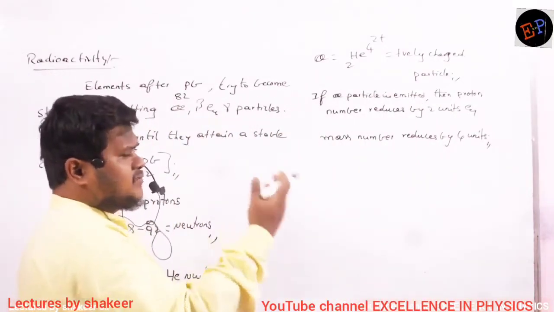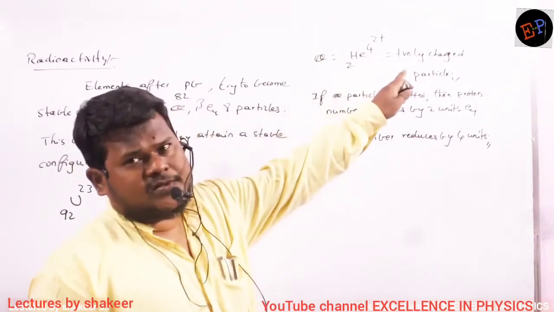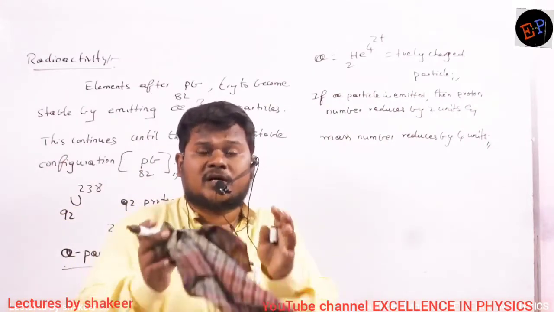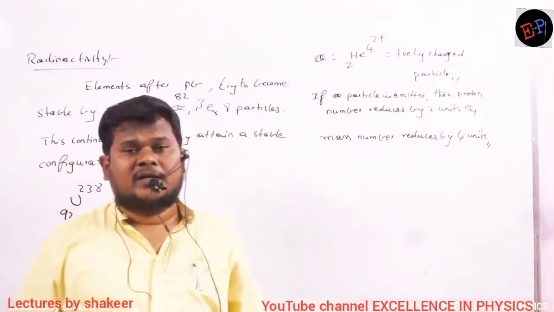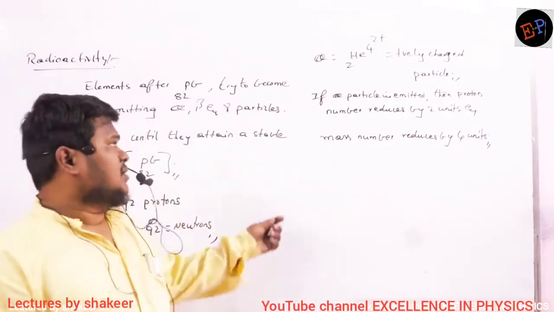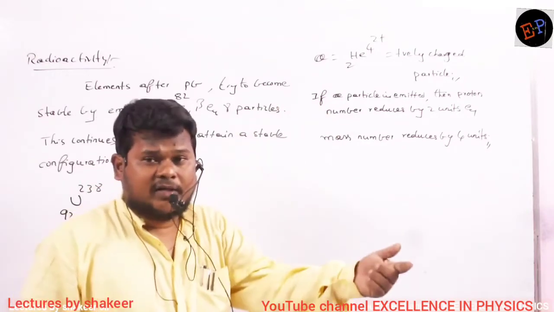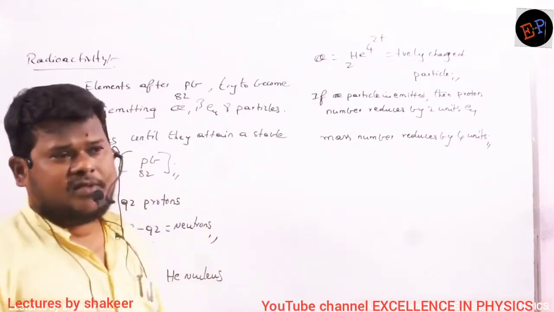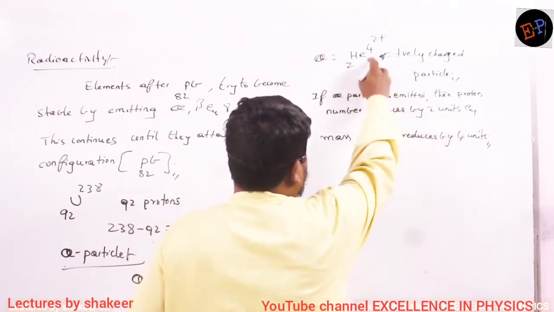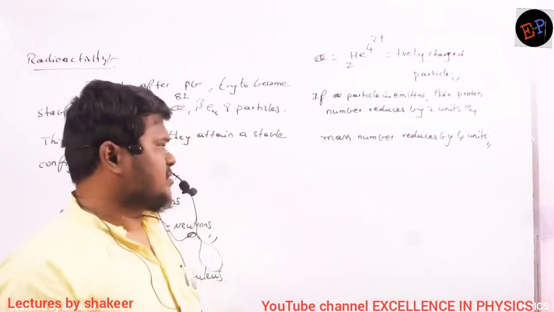From the nucleus, if an alpha particle is ejected, it means 2 protons and 2 neutrons are lost. So definitely proton number reduces by 2. It means the atomic number of that element also reduces. All the chemical properties depend on atomic number only, no? So if an alpha particle is emitted, this radioactive element converts into another element because the proton number is reduced. Are you able to understand? So proton number reduces by 2 units, and because it has 2 protons and 2 neutrons, mass number also reduces by 4 units. Clear, no?